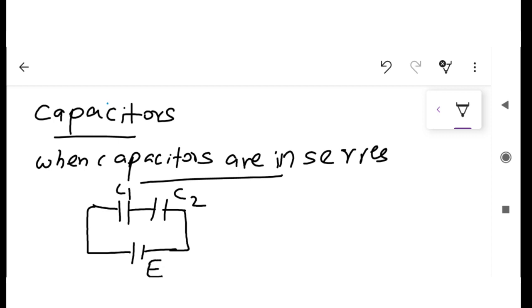In order to analyze this circuit, we can redraw it as an equivalent circuit.